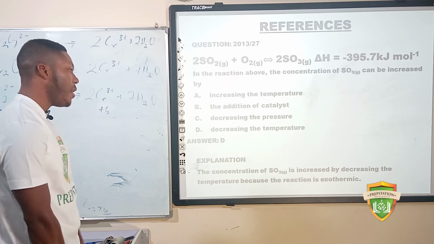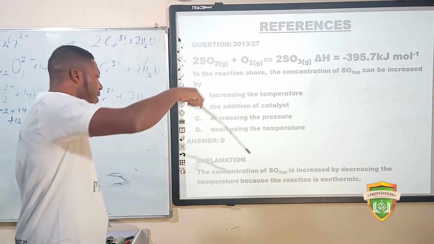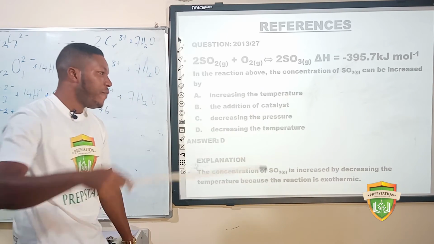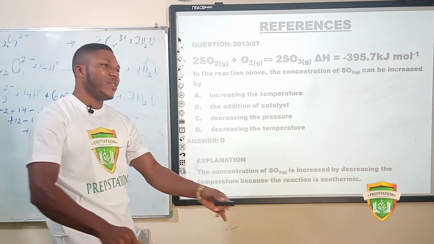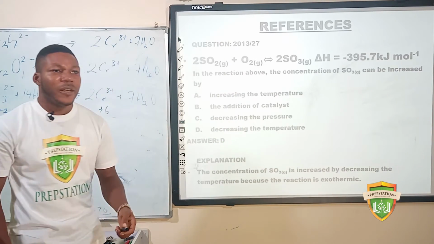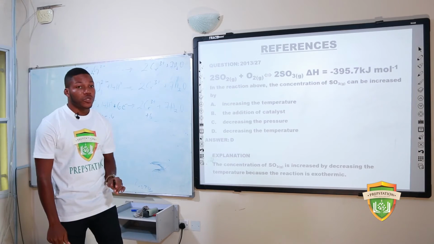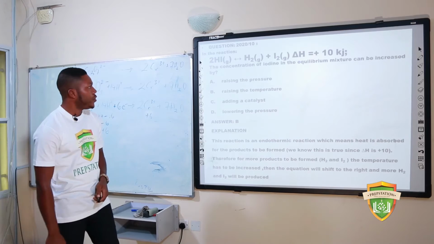Don't forget what I told you earlier: decrease in temperature favors the forward reaction in exothermic, but increase in temperature favors the forward reaction in endothermic. So don't be confused.